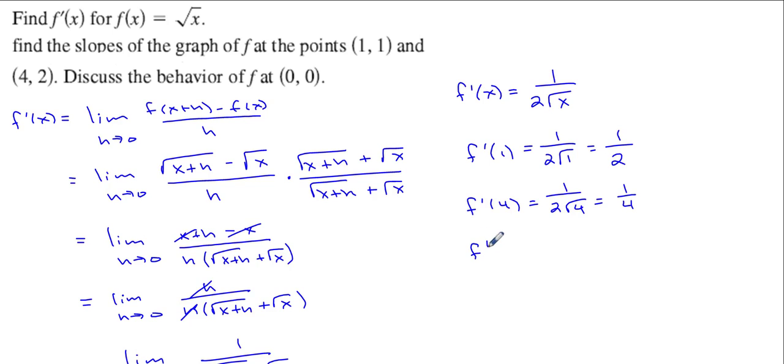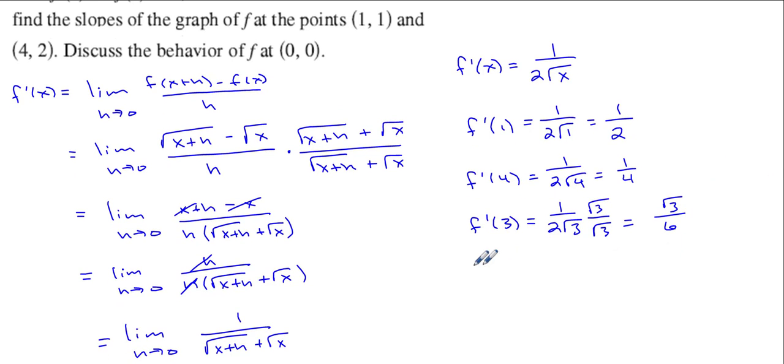If they gave us, let's say, 3, they want us to find f prime of 3, 1 over 2 root 3, leave it, you're done. Okay, you can leave these answers non-rationalized, but if the answer choices do show rationalized answer choices, you should know how to rationalize a fraction, right? Okay, questions on this so far?